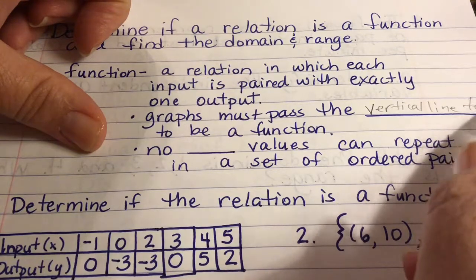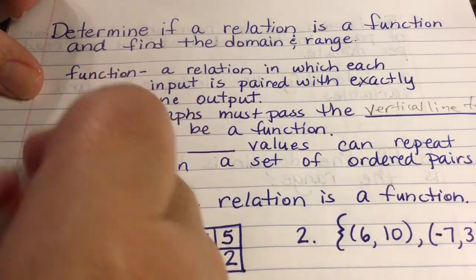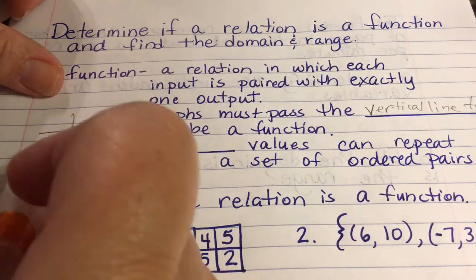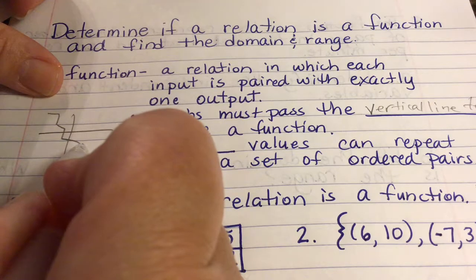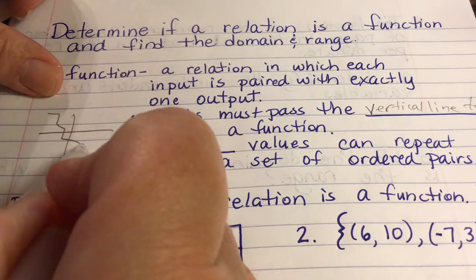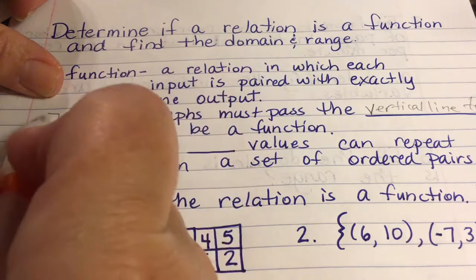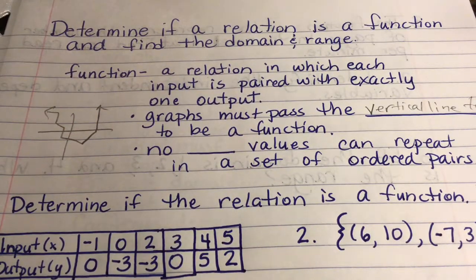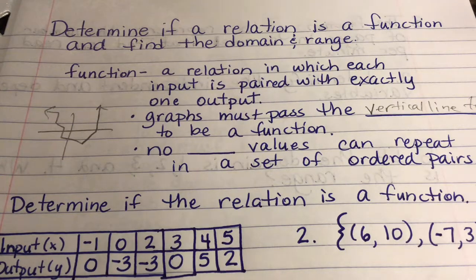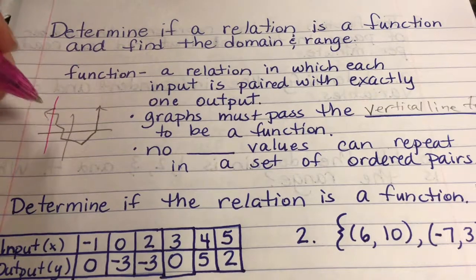To pass the vertical line test, for example, if I had this graph, and I drew a vertical line through every part of this graph, and I'm going to try to do that with my left hand. So there's a vertical line.